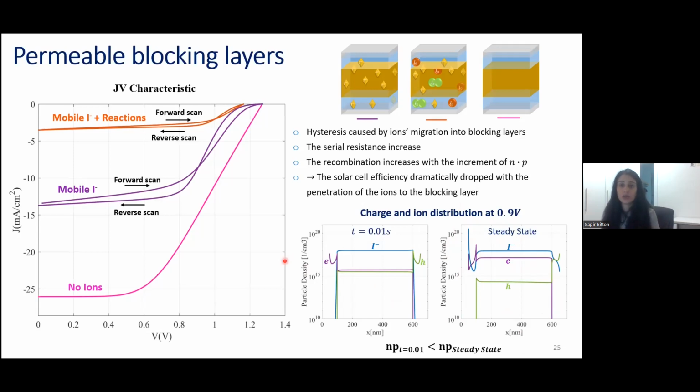We can also see this S shape here that didn't exist in the case in which the ions stayed in the perovskite layer, which means that the ion penetration to the blocking layers changes the charge extraction in the device. And of course, with the reaction consideration, the device efficiency decreases even more.